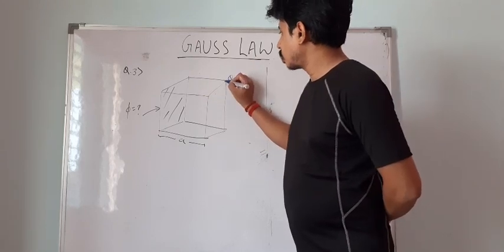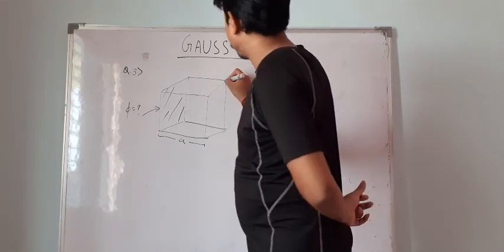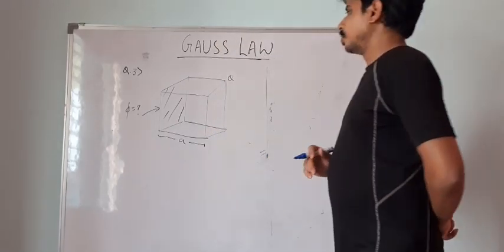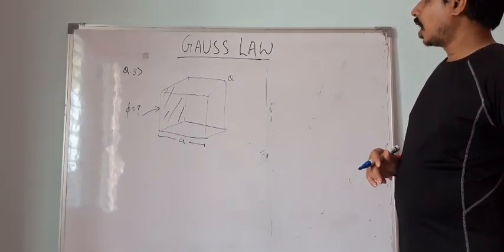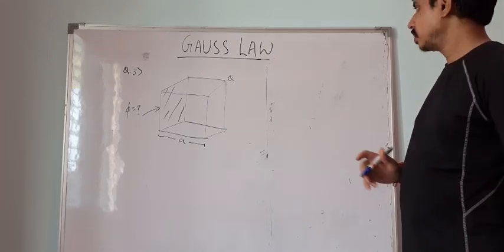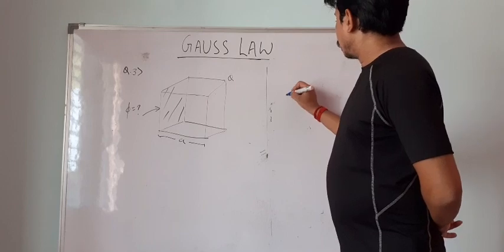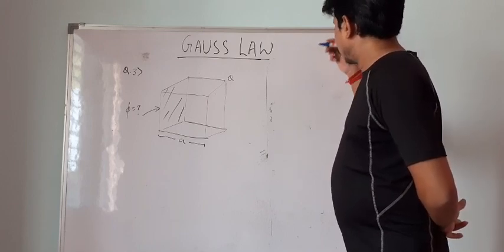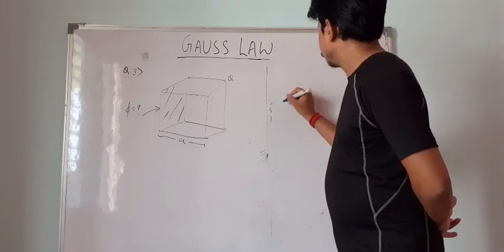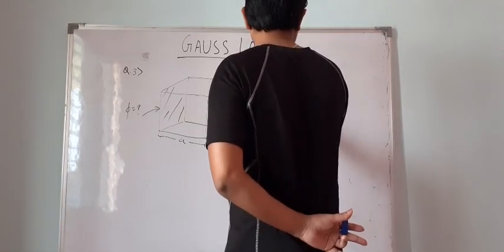See, the charge is not closed, it is at the corner, so exposed to the outer space. So I will try to close it, and to close it I will form a bigger cube of side length 2a.